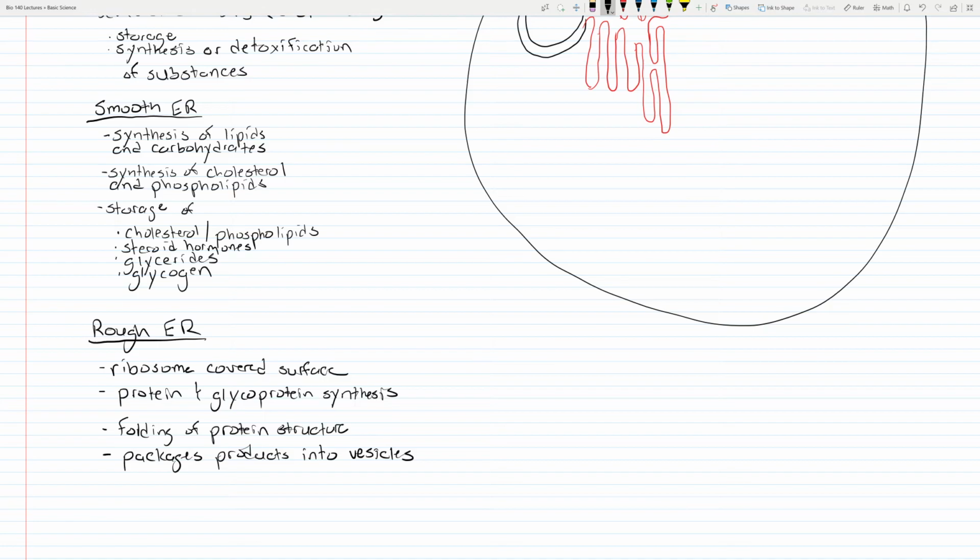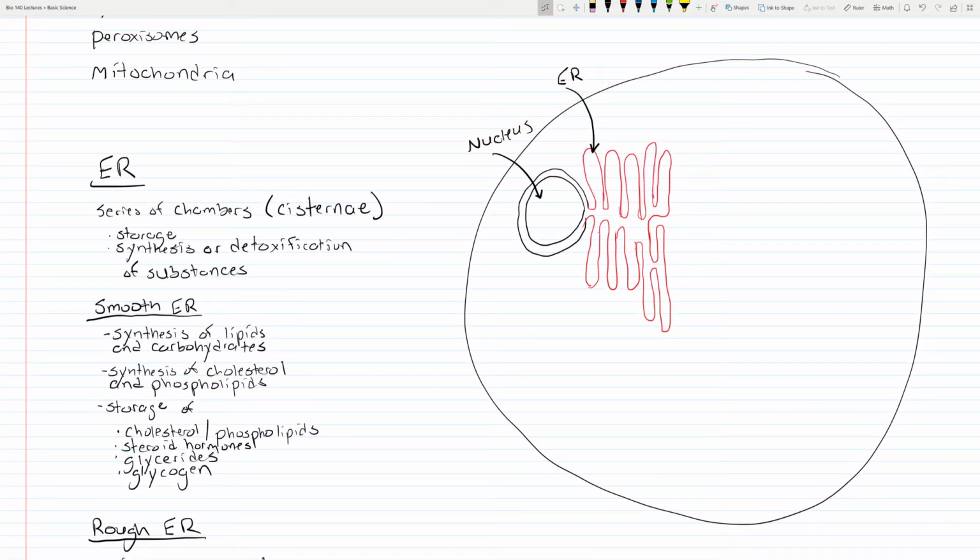Let's take a look at our cell again. If I just draw some random dots on here like this, where these dotted places are, that's our rough endoplasmic reticulum.